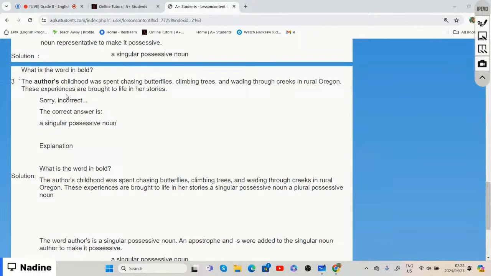All right, so author's, if we refer to author, it's like saying the author referring to one person. So if we want to talk about her childhood or his childhood, and then we can say the author's. If it says her stories, it means it's a woman. So it is the author's childhood, right? So we can say once again, this is a singular possessive noun.